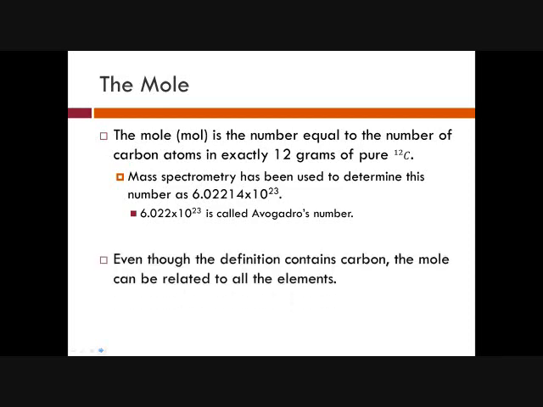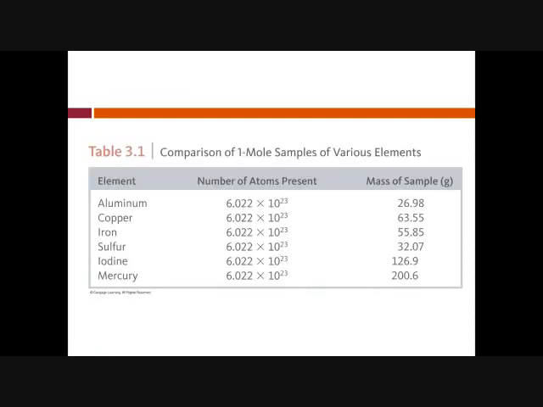Even though the definition contains carbon, this mole can be related to all other elements, like we have done in Chemistry 1. So some comparisons. Every single element has the same number of atoms present, but the mass changes. These masses are found on the periodic table.